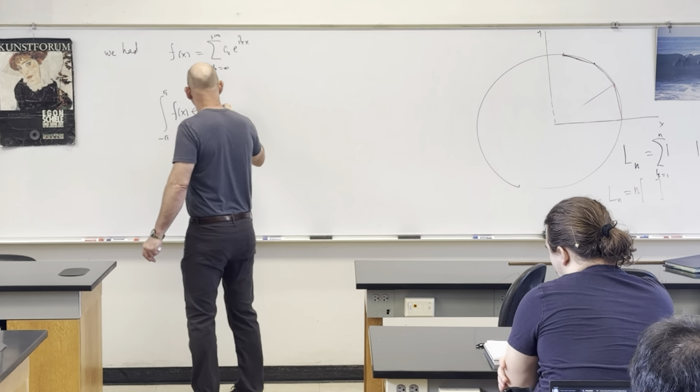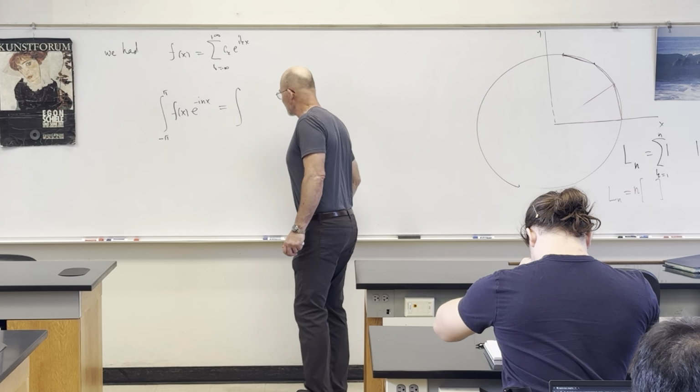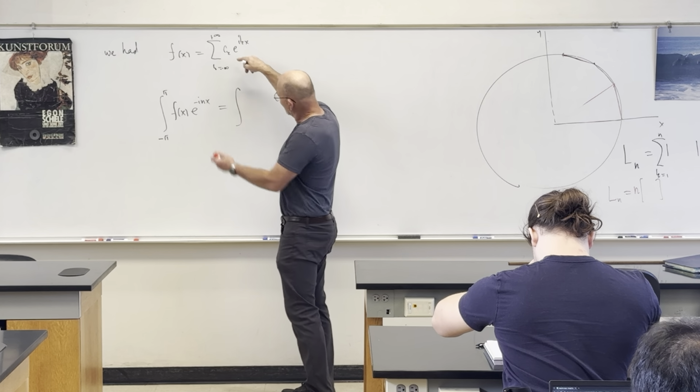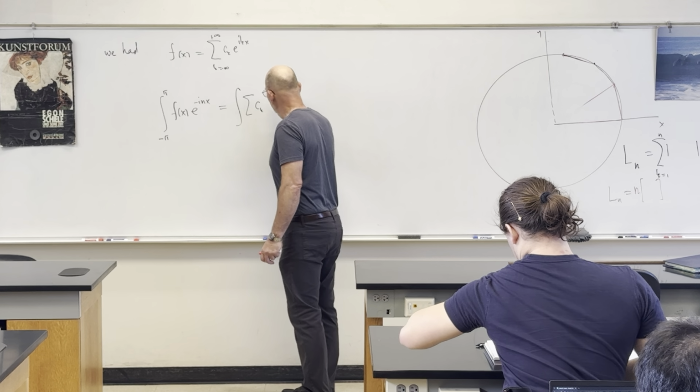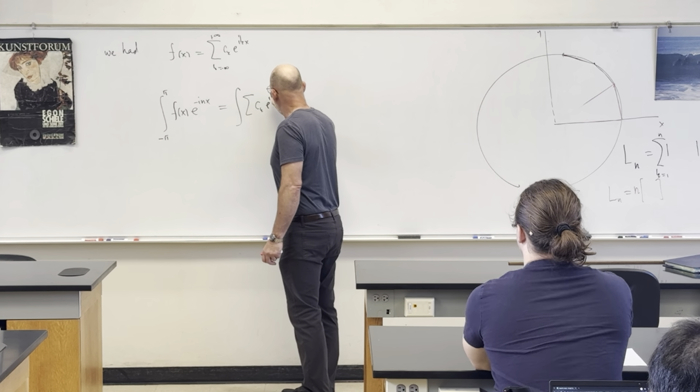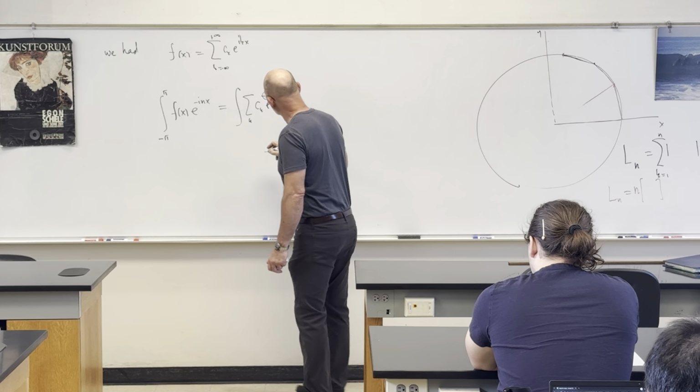So if this is an equality, then I must be integrating c sub k. Actually, let's go ahead and write it again. I must be integrating this entire right side, c sub k, e to the i kx, I'll just put k here.